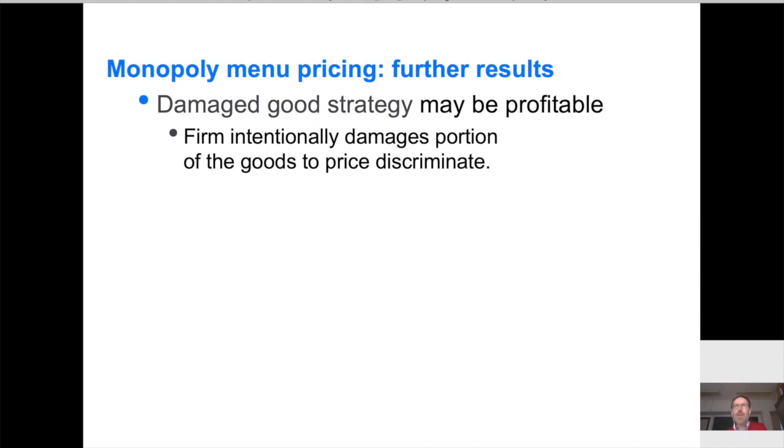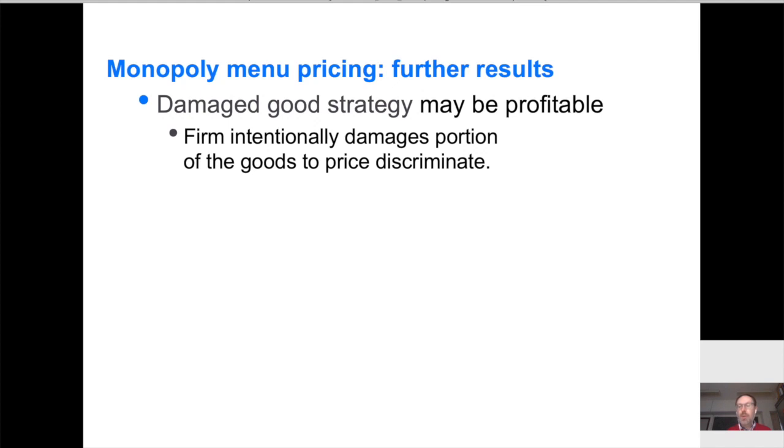It's seen as lower quality, and on top of that, it's more costly for me to produce. Certainly, if I compare this damaged version to the original version that I have, I can only make lower profits on this new version because consumers are willing to pay less and it costs me more to produce. So why would it be interesting to introduce this other version?